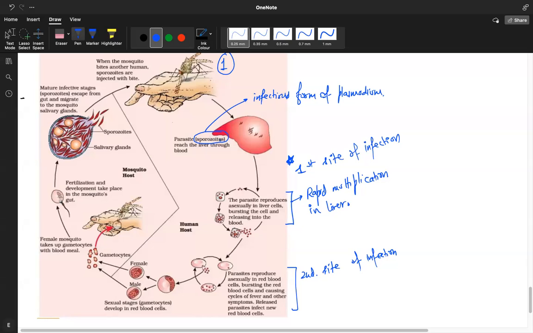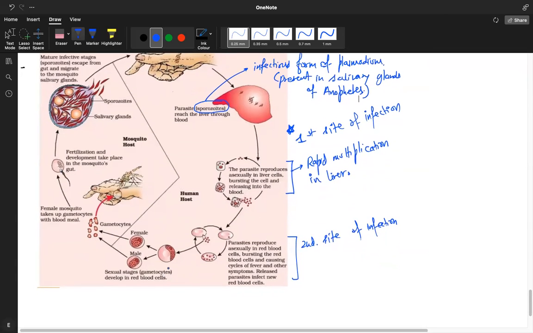And these sporozoites, which are the infectious forms, are present in the salivary glands. So they are present in the salivary glands of mosquito, of Anopheles. Okay. Make sense? Is it clear?